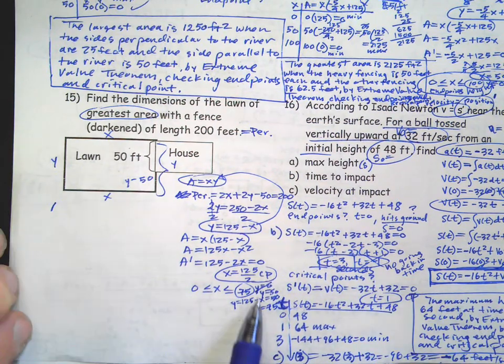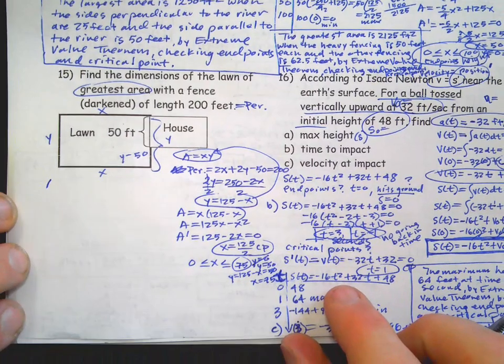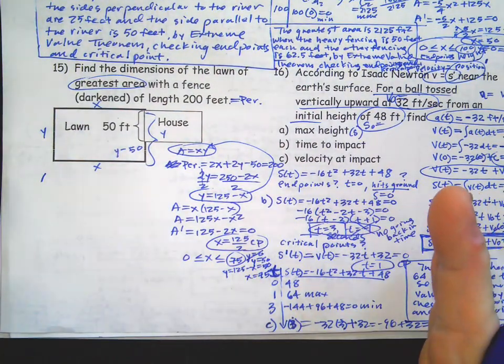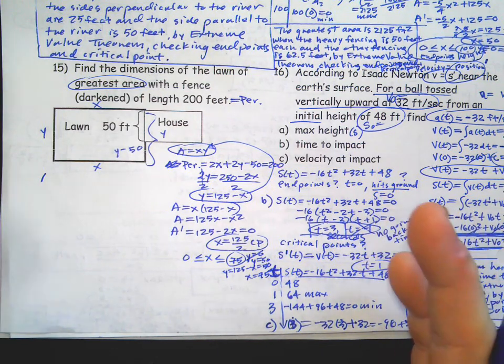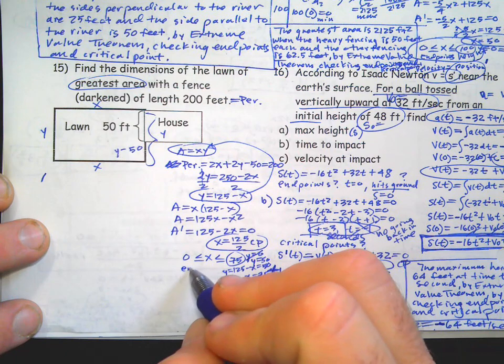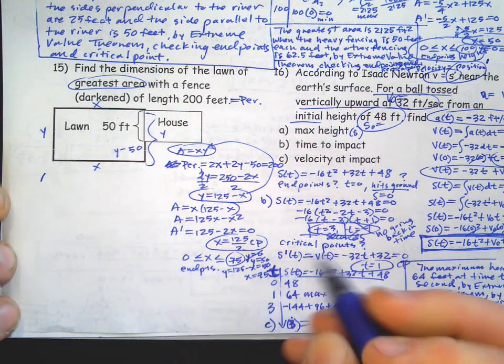So that's where things get a little tricky sometimes on these endpoints. Some people have trouble. You got to make sure that it's realistic. You can't build negative fences and like magically have more fence, and that's not possible. So these are your endpoints. Okay, so then we're going to make a table.